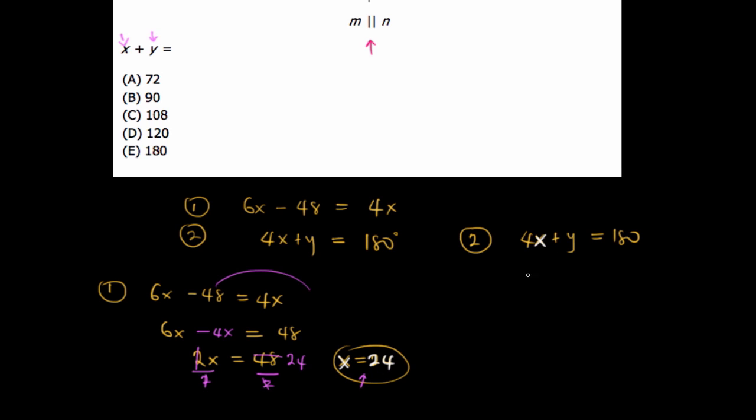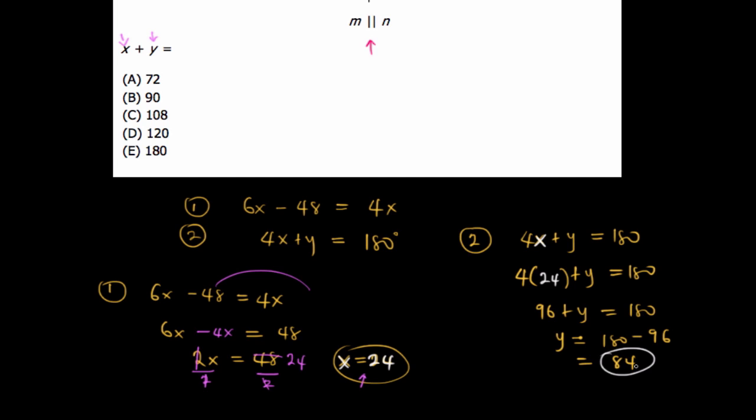So 4 times 24 plus y equals 180 degrees. 4 times 24 is 96, so 96 plus y equals 180. Your y is just 180 minus 96, which gives you 84.